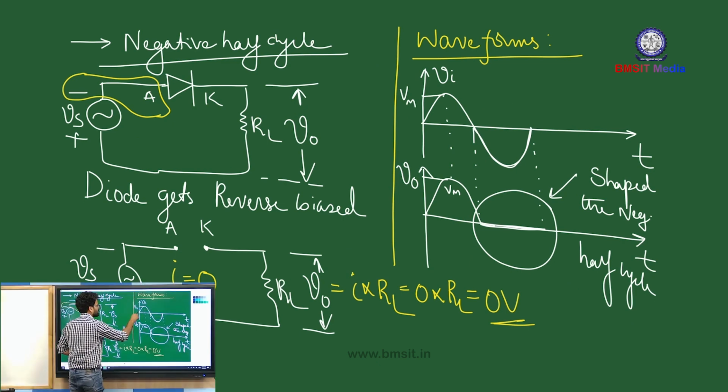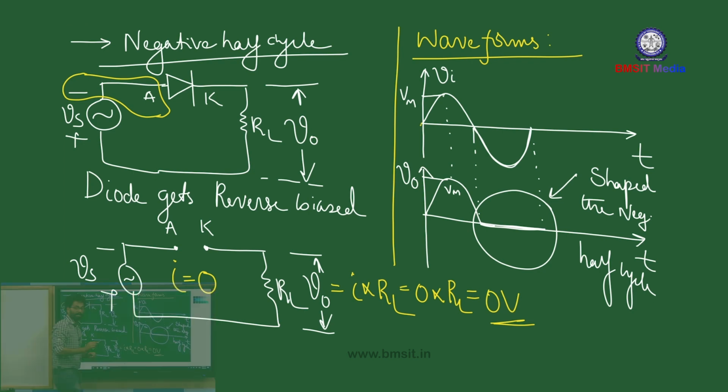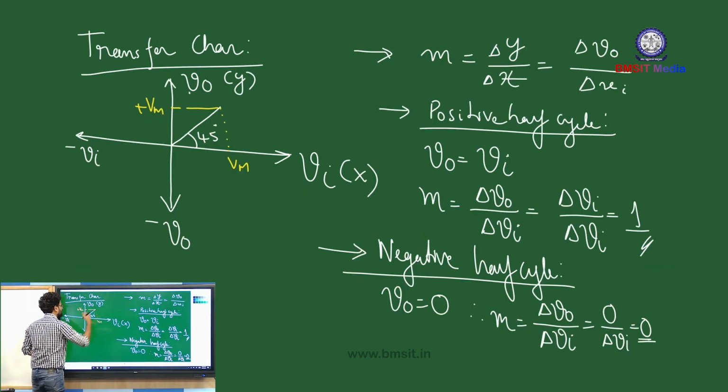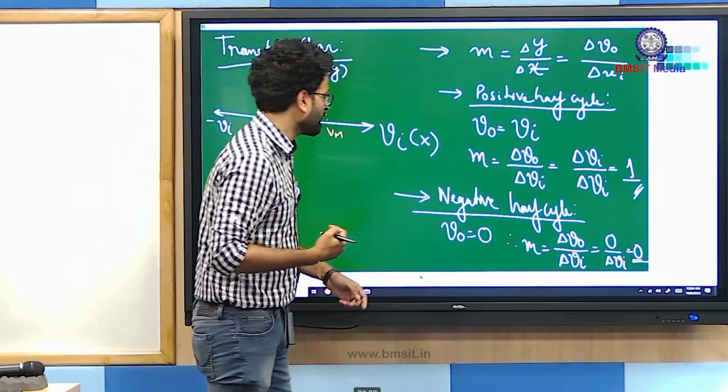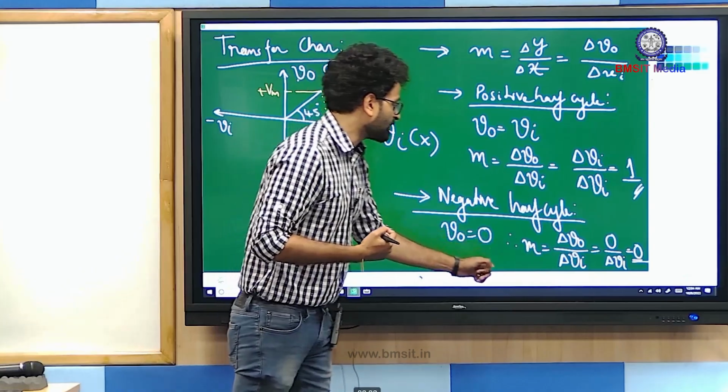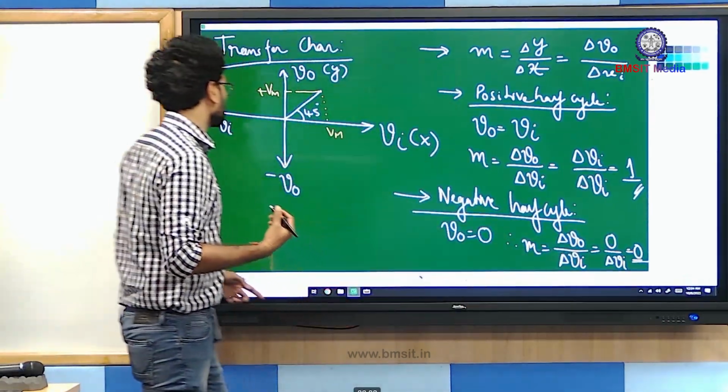During the positive half cycle, when your input is at 0, the output is at 0. When your input reaches positive maximum, your output reaches the positive maximum as well. So this is nothing but a straight line. On the other hand, in case of the negative half cycle, the output is 0, and due to which you get slope equal to 0.